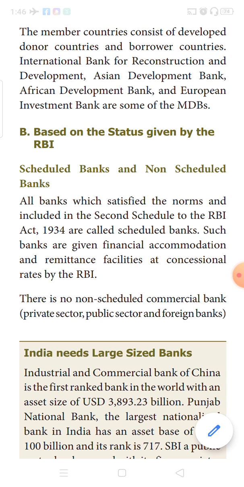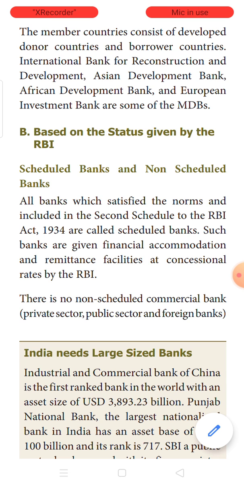Now, let us learn what are the types of banks given by the RBI based on the status. Based on the status, banks could be classified as scheduled banks and non-scheduled banks. See, any bank which follows the norms, meaning rules and regulations, stipulated in the second schedule of the RBI Act.